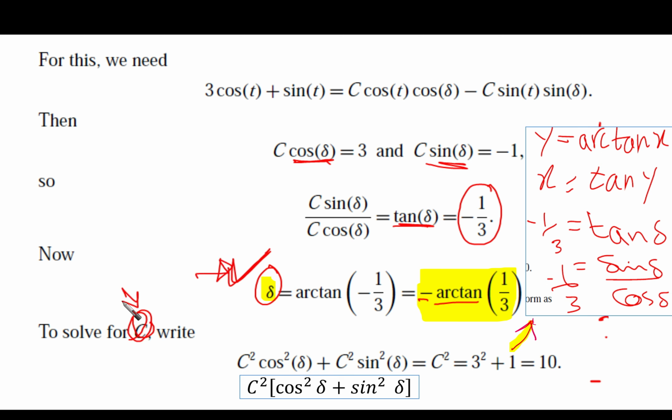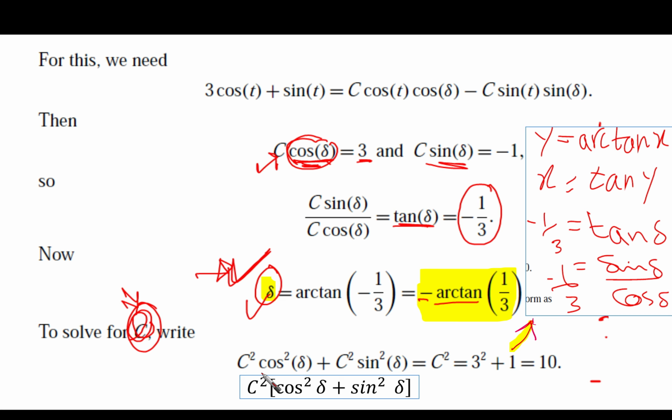We want C now. So go back here. We have cosine delta, which is known for us. We know delta now. So we can say that this is cosine delta. We know it. And we have 3 here. Then C can be obtained. Right? This is an easy issue.